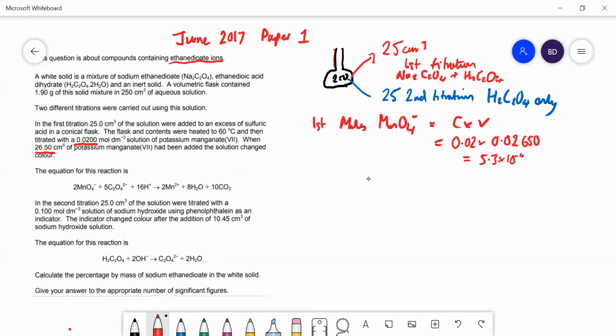Now look at the ratio in the equation. It's a 2:5 ratio. So to find the moles of ethane dioate, we times the moles of manganate by 2.5. That's 5.3 times 10 to the minus 4 times 2.5, which equals 1.325 times 10 to the minus 3.